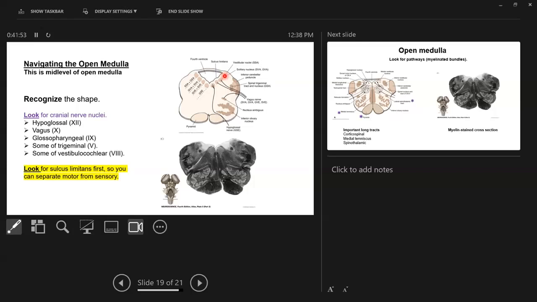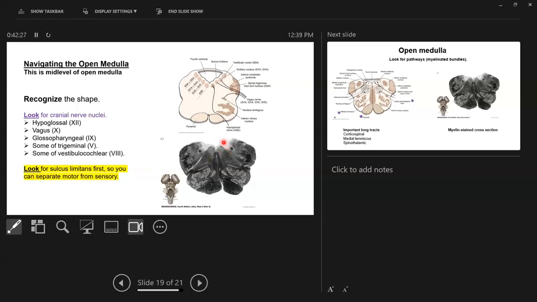So all the way to cranial nerve 8 and lateral most, which is the special sensory column, if you will. In this particular case, it's corresponding to vestibular functions, and then at even more rostral levels, auditory functions from cochlear nuclei. But at this point, I would like you to look for a sulcus limitans first.